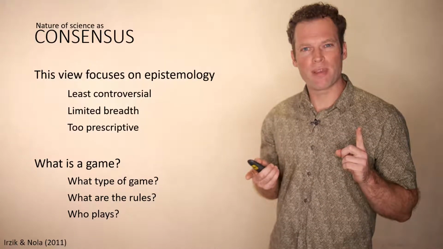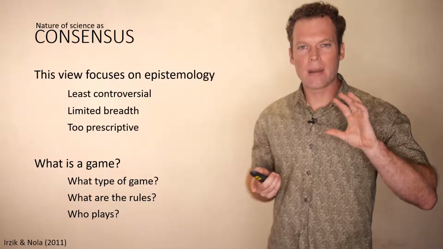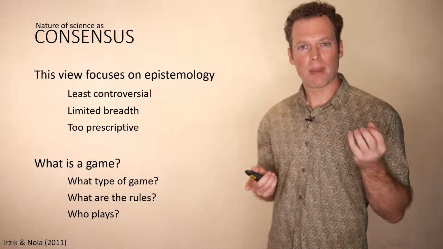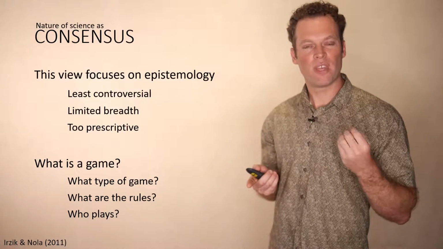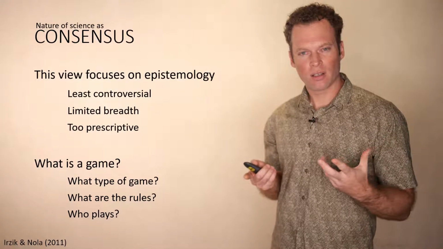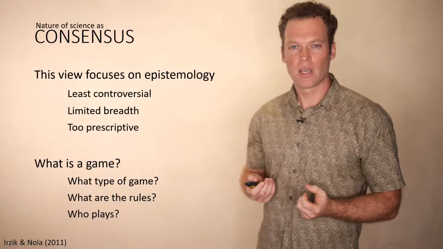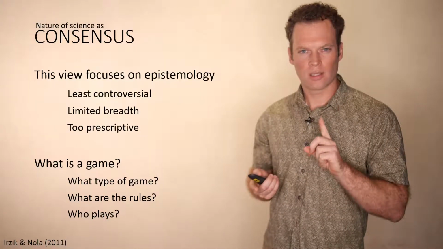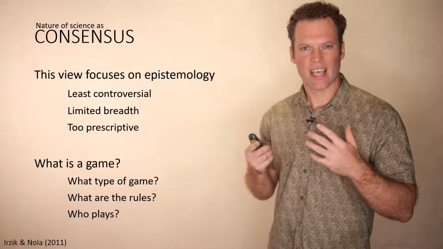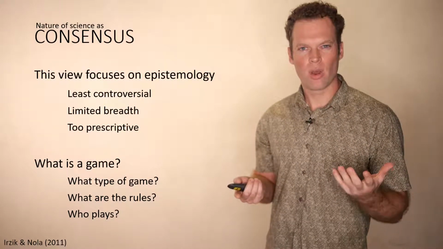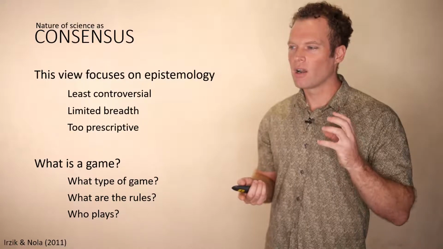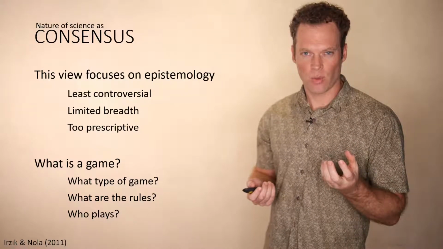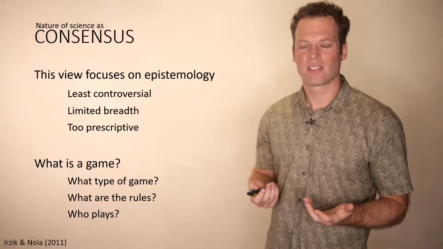Any two games might be very different from each other in many, many respects, but they might share 1 or 2 features in common that clearly align them with the concept of a game. And so they aren't games because they satisfy a particular consensus view. They are games because they share some similarities with each other that are consistent with the concept of a game.